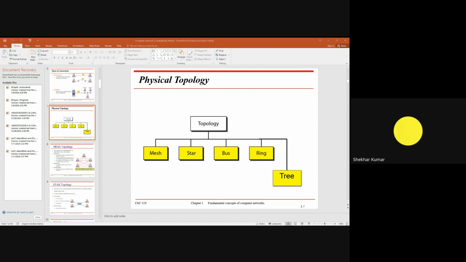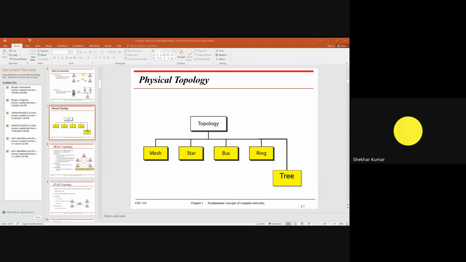So topology may define the physical as well as the logical aspect of the network. The physical and logical topology could be the same or different in the same network.